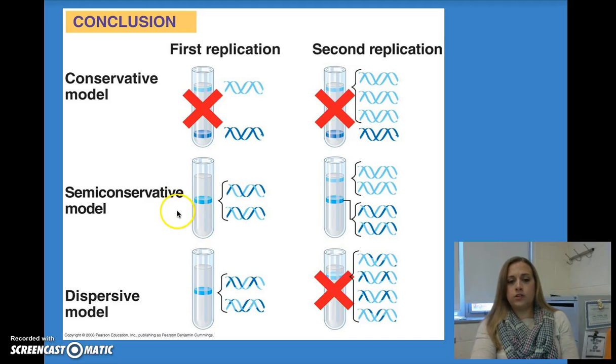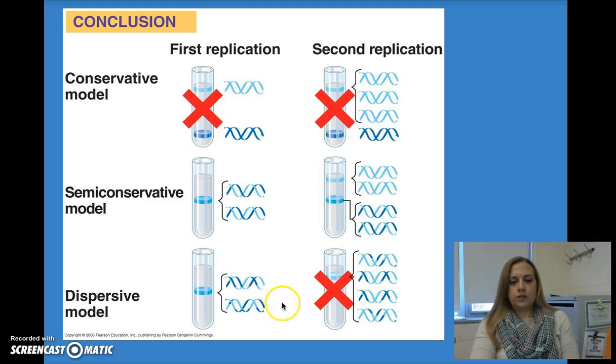It's a mix of nitrogen 14 and 15, so they would both be in the middle. So the semi-conservative model is in the middle because you have one complete strand of old, one complete strand of new for each of these, and here you have equal parts just mixed randomly.